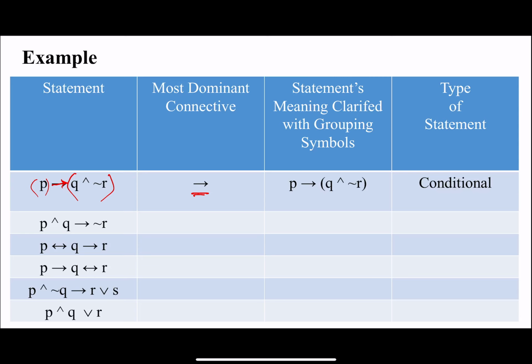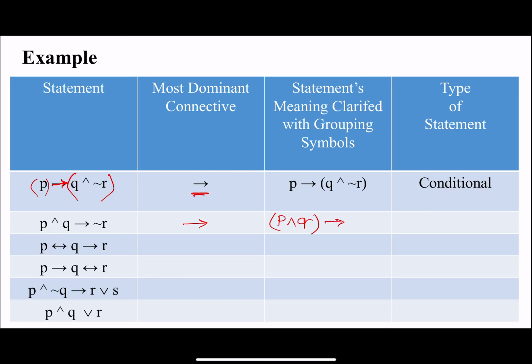Okay, so I'm going to answer the next one too. As you see, the second one, I have and, I have conditional, I have negation. So what is the most dominant connective? Among and, conditional and negation, that's a conditional, right? Whatever you have before the most dominant is one group. So before I have P and Q, that's one group.